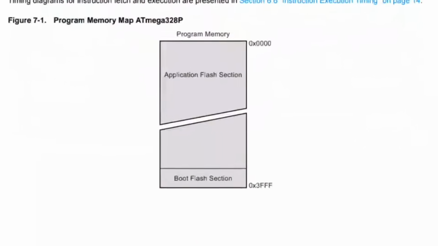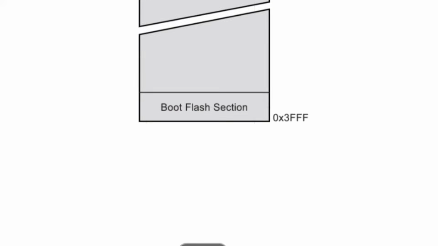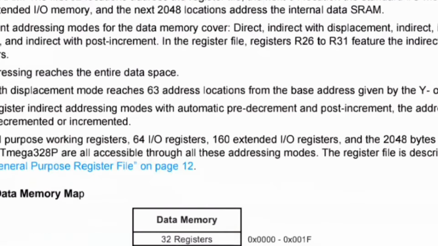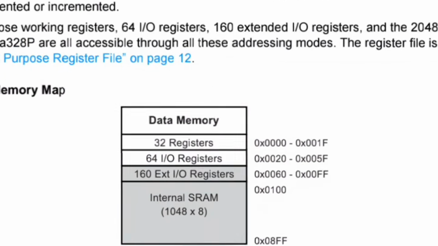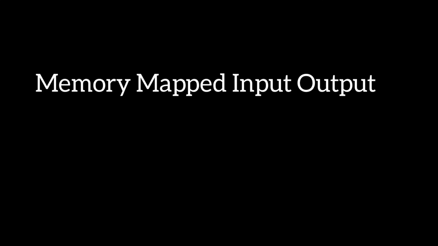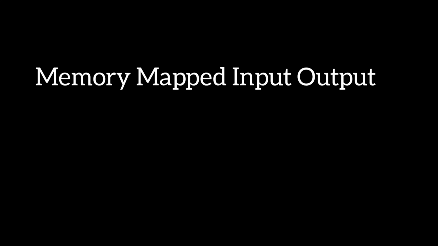Also note that the memory structure in a microcontroller is arranged in a specific order, starting from flash, then RAM, and finally other peripheral registers. This layout is known as memory-mapped I/O, and we'll talk more about that when we get to microcontroller peripherals later on.